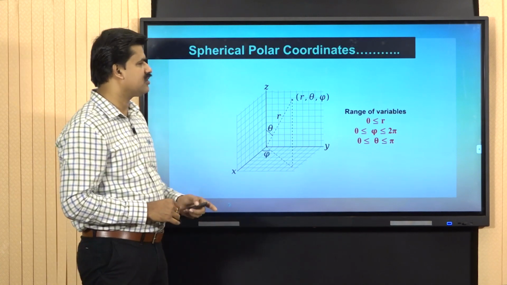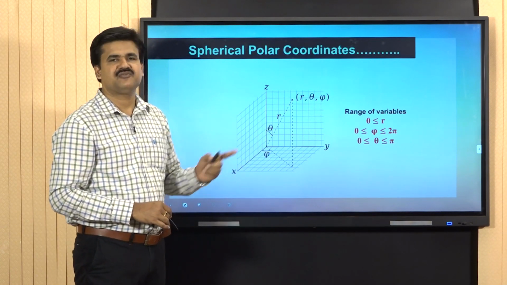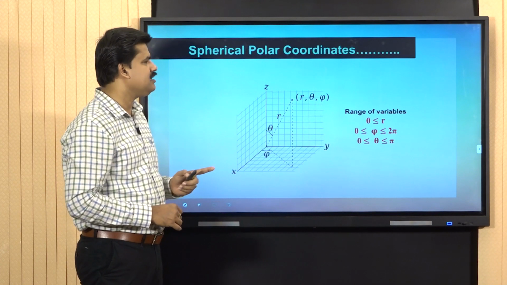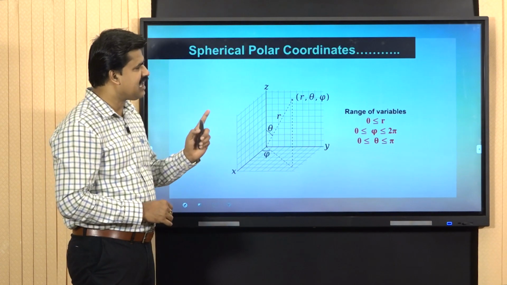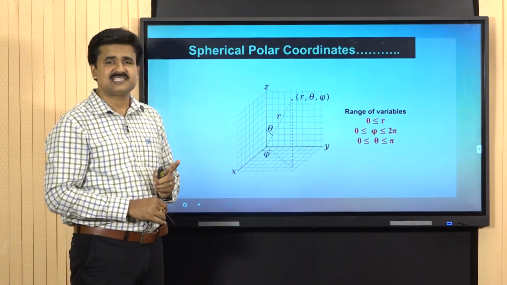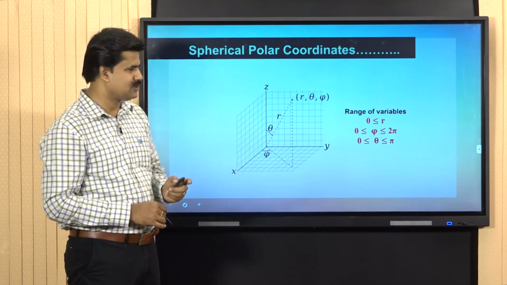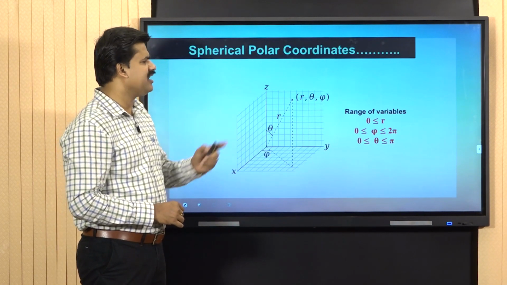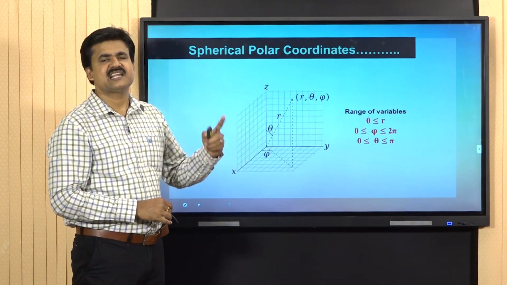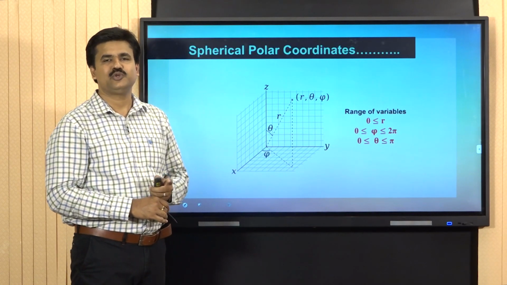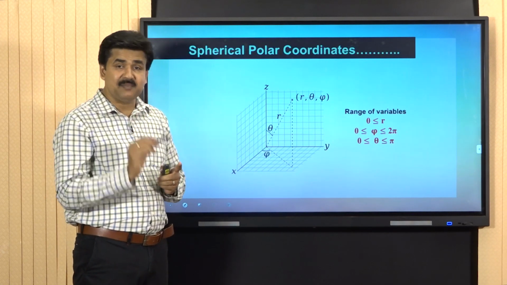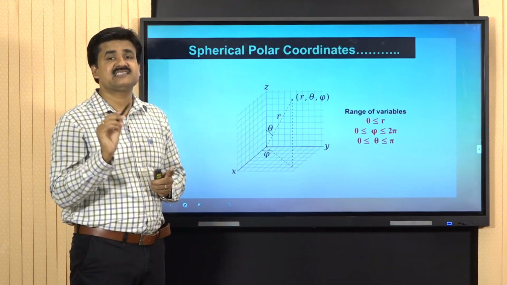First of all, r must satisfy 0 less than or equal to r, that is, r is always greater than 0, or sometimes it may be equal to 0. And the range of phi is 0 less than or equal to phi, less than or equal to 2 pi. That is, the maximum limit of phi is 2 pi.